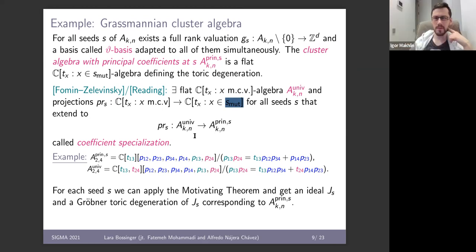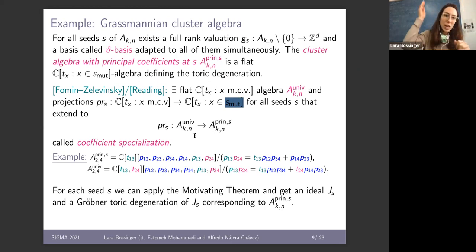Yes. But they have coefficients in these different polynomial rings. And the projection from the big polynomial ring to the small polynomial ring is by just sending all the t's that I want to get rid of to 1 or to elements of the, so it's always that simple. Yeah, exactly. Oh, okay. Yeah, it's really well behaved.